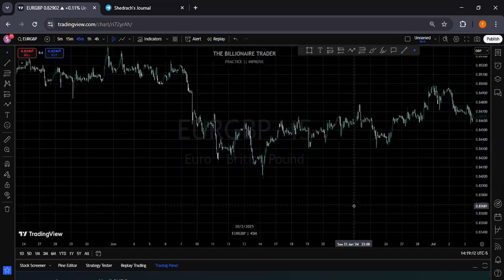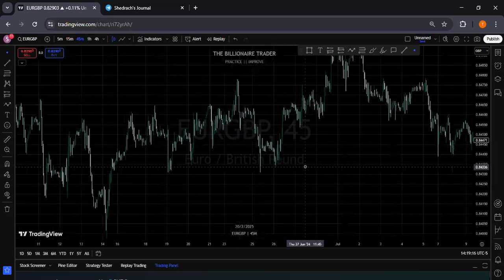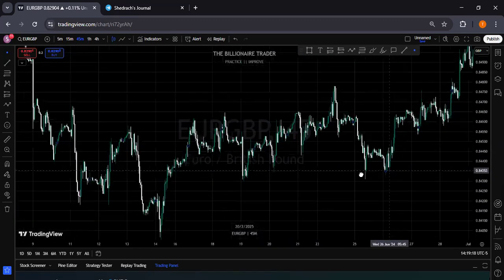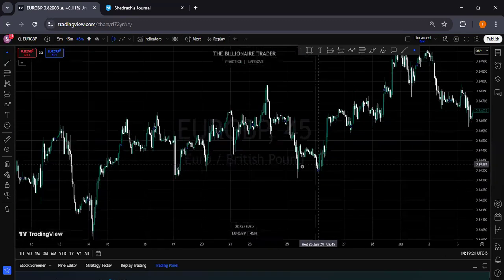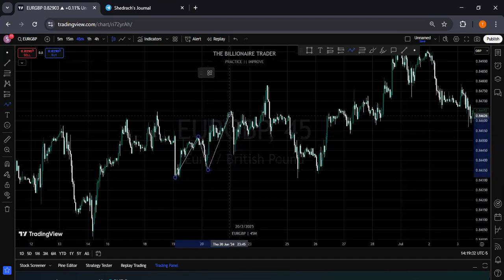Look at this. This is a typical example. Now look at this. What did the market do? The market created this low, created this high, created this low, created this high, created another one again. Can you see? A double one. Now, normally this is where the market is coming to, because you can see the weak rejections around this area.